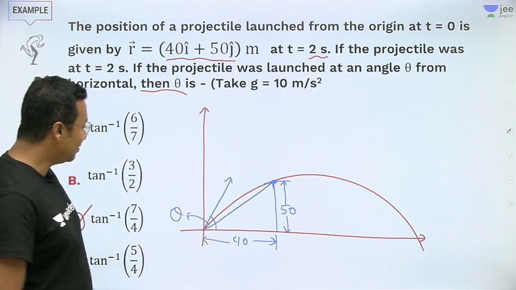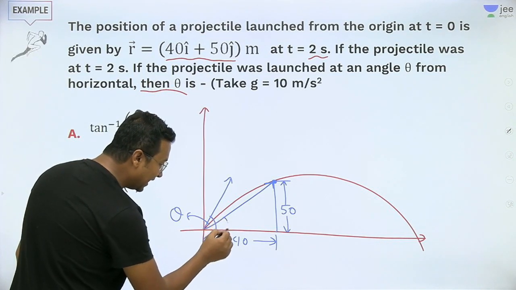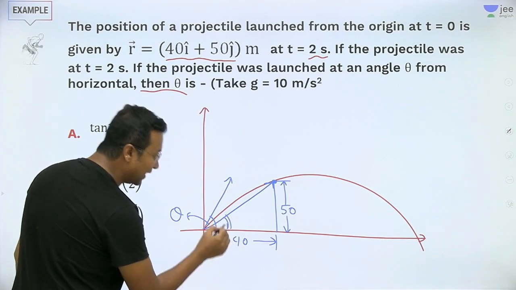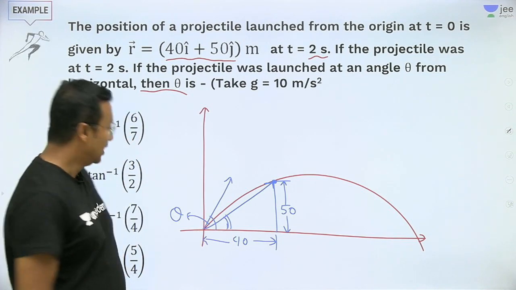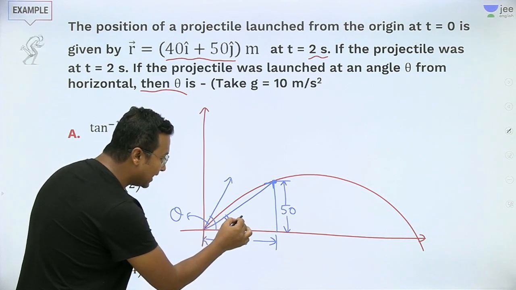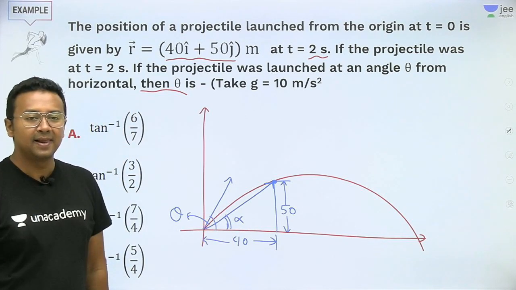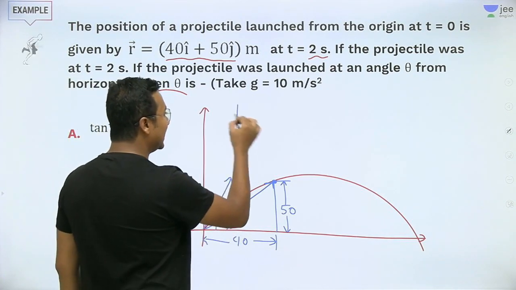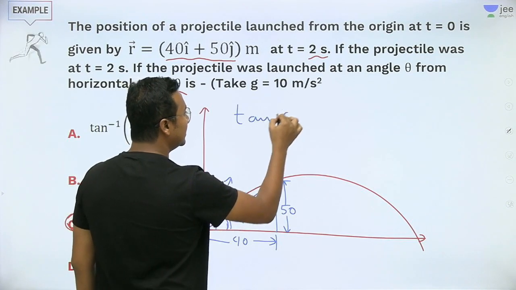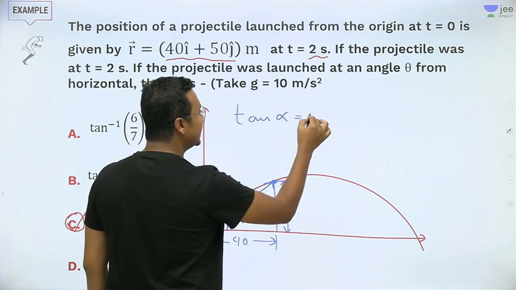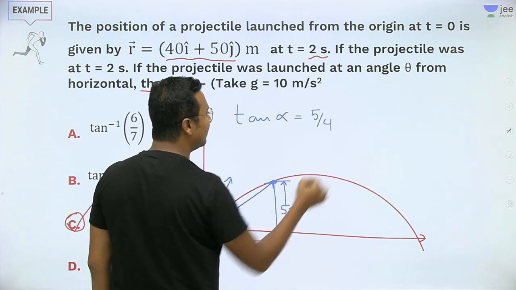We need to find the value of theta. Now let's say this angle that the position vector is making is alpha. What can I write tan alpha as? Tan alpha can be written as 5 divided by 4.